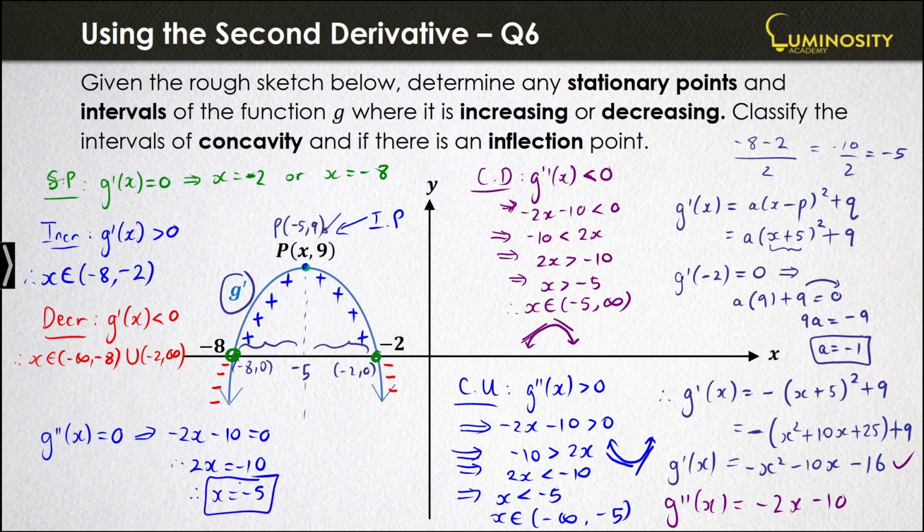So because it changes, from the left it's concave up, to the left of -5, and then to the right of -5 over here, it changes to concave down. Therefore, because it changes concavity at the point -5, we can say that -5 is the point of inflection. And how nice that the visual representation of points of inflection using the first derivative function happens to be the stationary point or turning point of that derivative function.